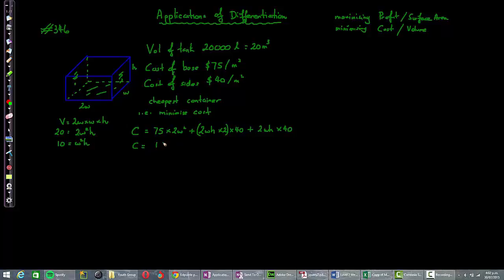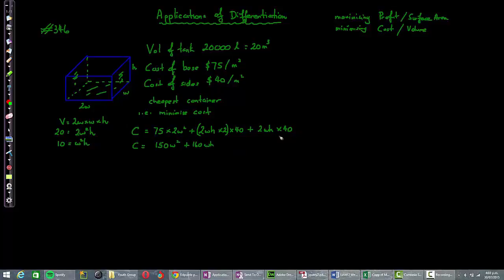This is going to be 150 W squared after multiplying 2W squared by 75, of course. Then that's going to be 4WH times 40. 4 times 40 is 160, so that's going to be 160WH.